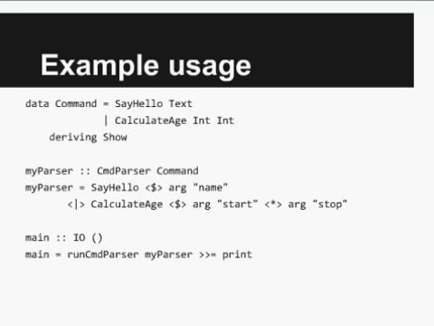You can then take that string and perform any kind of Haskell transformation on that you like. You can parse it with Parsec. You can use normal string functions. You can perform arbitrary I/O. So you could say take that string and pass it to an external command line tool. You can do whatever you want with it. But at the end of the day, you've processed that string somehow.